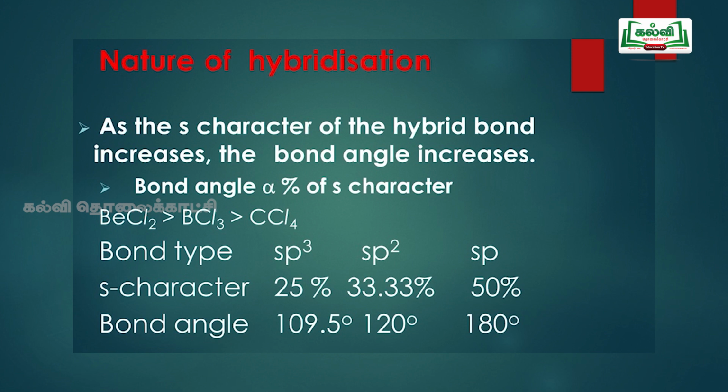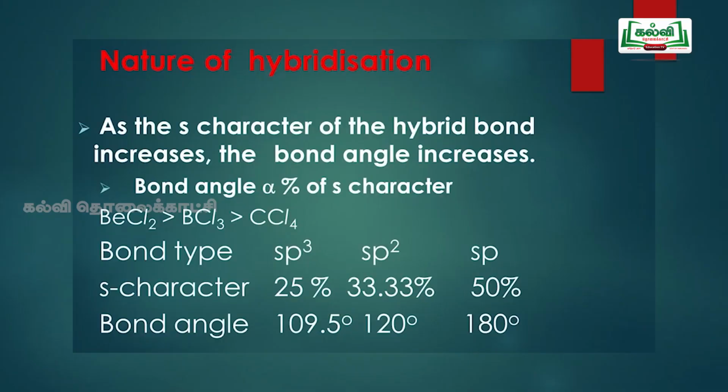Look at the example given. Beryllium chloride is a molecule made up of sp hybridization. BCl3 is a molecule made up of sp2 hybridization. CCl4 is a molecule made up of sp3 hybridization. So, from sp to sp2 to sp3, S character decreases, so bond angle also decreases. See, beryllium chloride has the highest bond angle because in sp hybridization, S character is 50%.